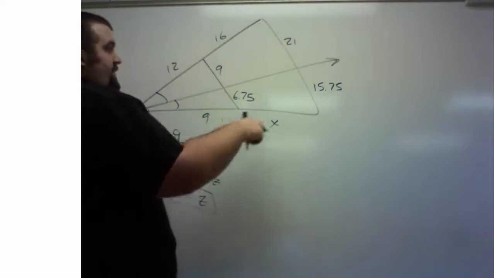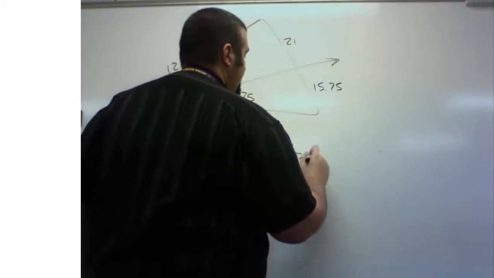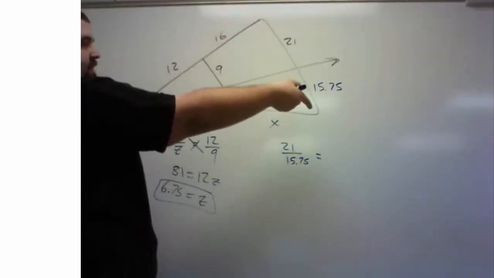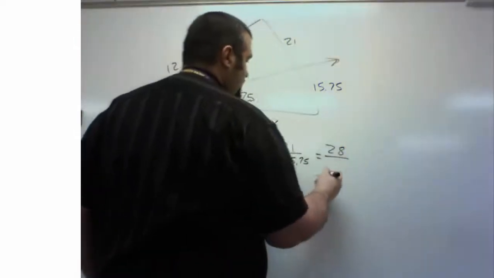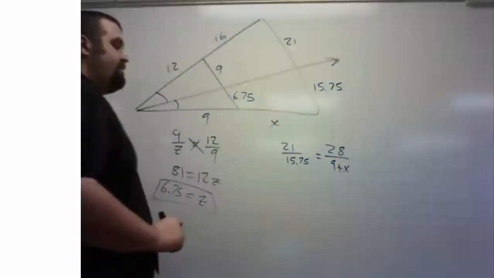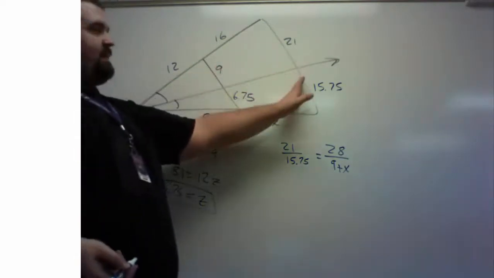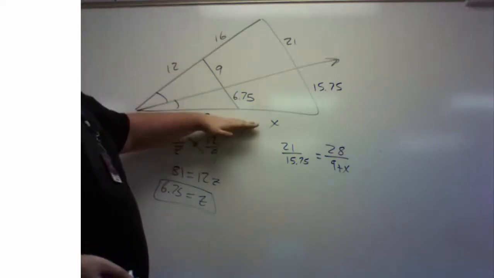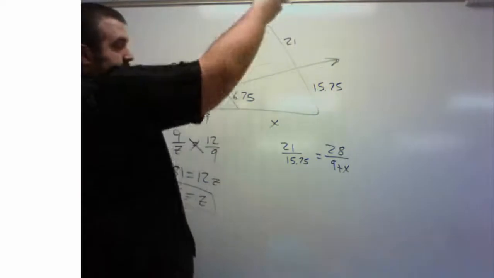So I know that 21 to 15.75 has to equal the full length here, 28 to 9 plus x. And now that I've used my rule again, the side being split up is the same ratio as side to side. And it's the full length of the side in this case because I'm using the full big one.